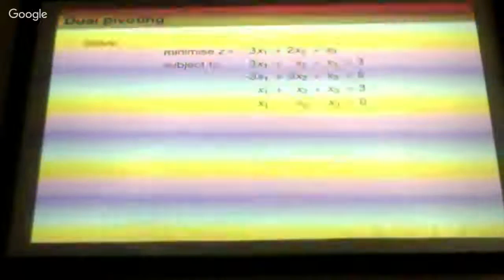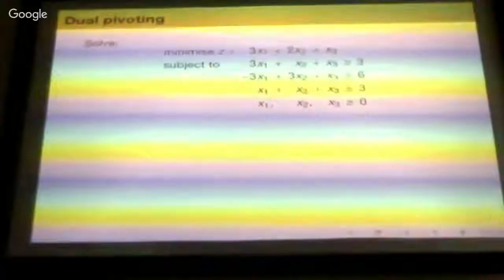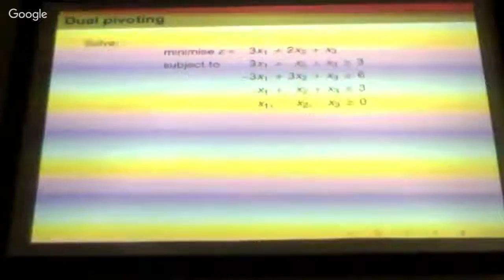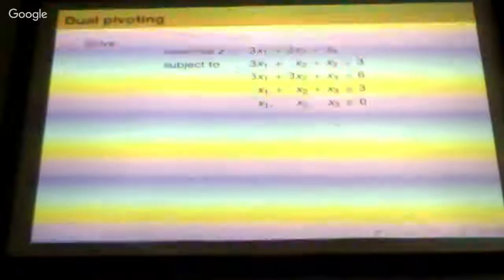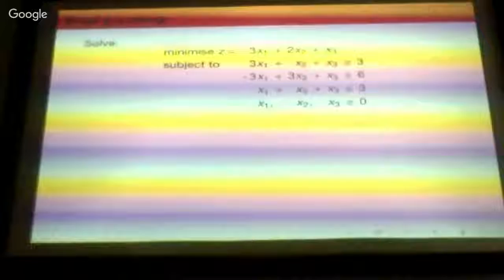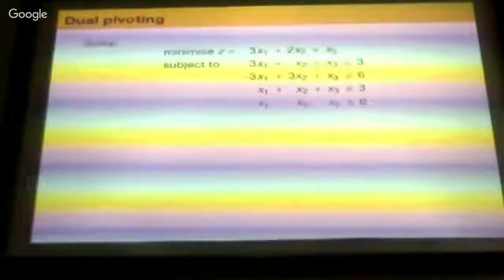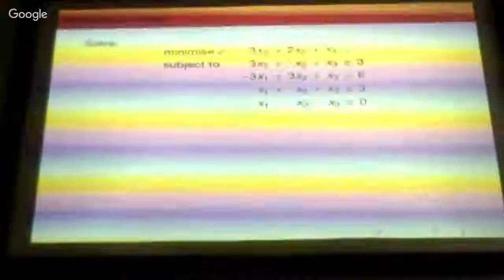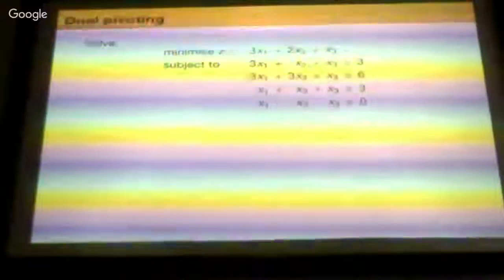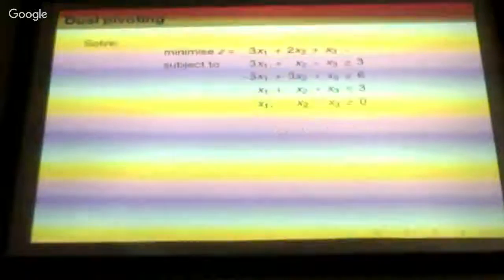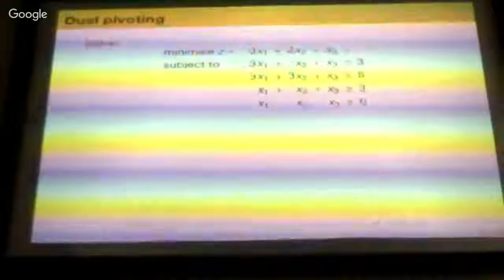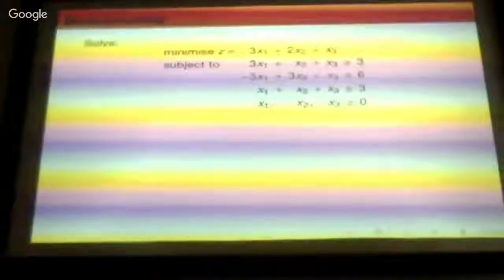So now I'll show you a nicer way of dealing with this, which is called dual pivoting, which is deemed too hard for the first year, or maybe you just don't want to tell the students who are not picking OR in the second year.